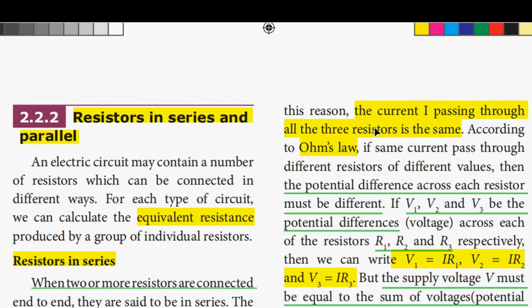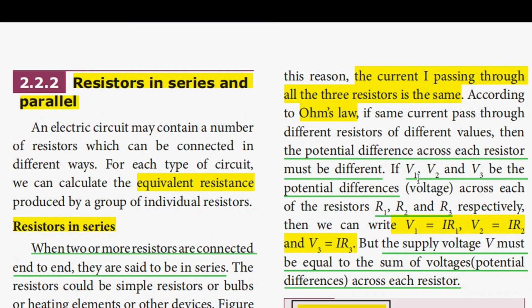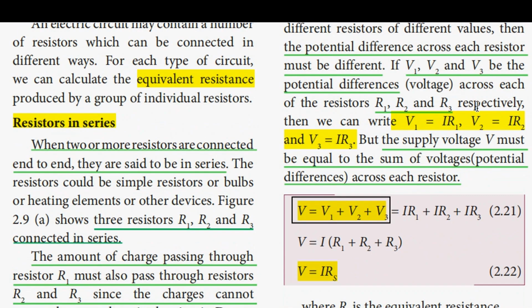And due to that reason, the current I passing through all the three resistors will be the same. According to Ohm's law, if same current passes through different resistors of different values, then the potential difference across each resistor must be different. That means the potential difference across the three resistors will be V1, V2 and V3 across each of the resistors.